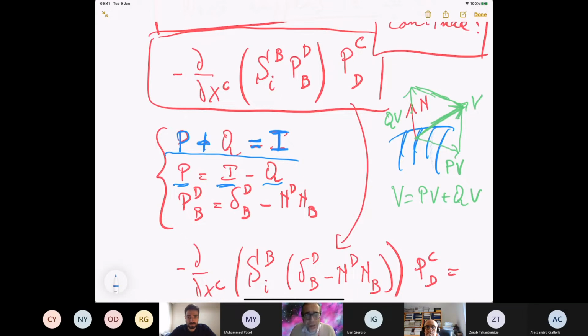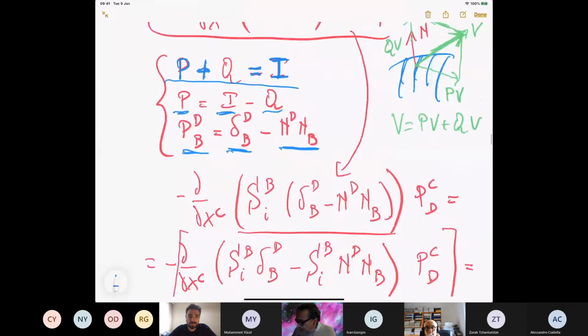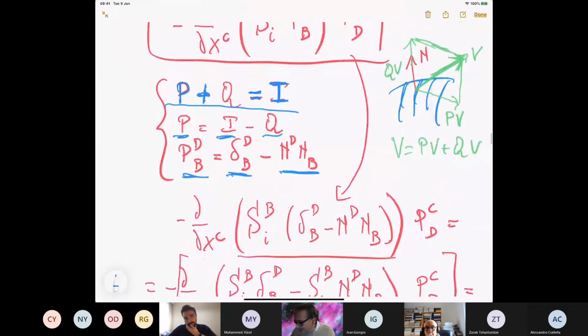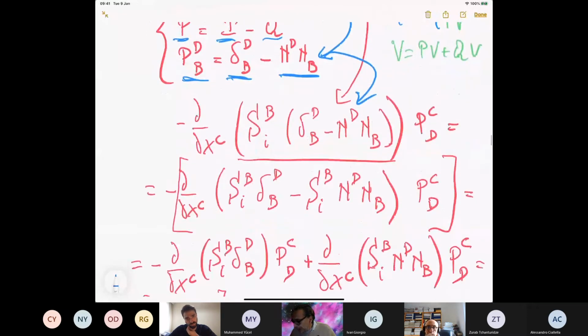With a component representation, we have that P_db is delta_db minus N_d N_b. Okay? So what we have to do, we replace this P as written in this representation there. And we make some calculations. Okay?